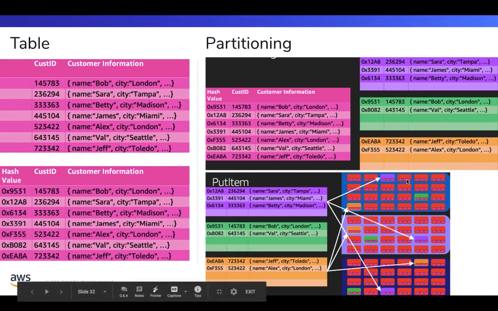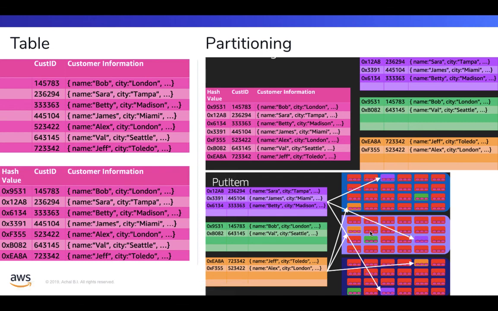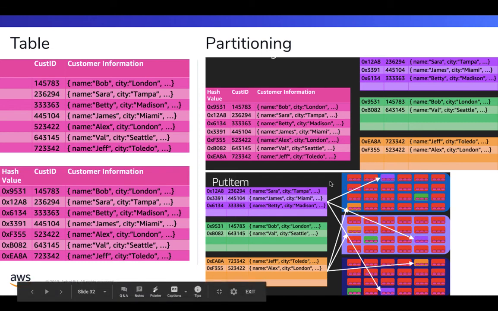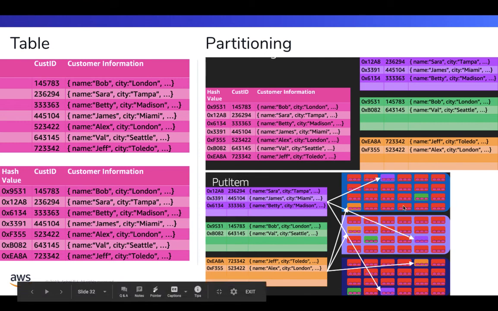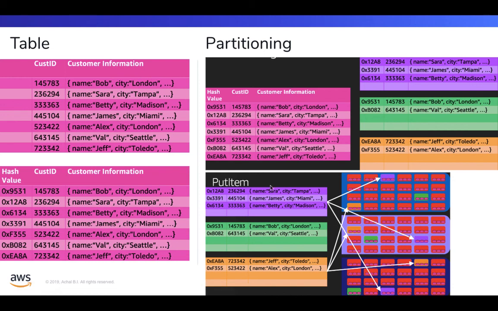So they are highly distributed in nature. Here we are representing just three buckets and three availability zones, but in practice, the buckets or partitions would be even more, relative to the data or the hash key that is generated.